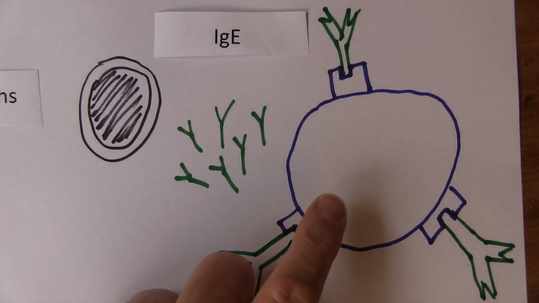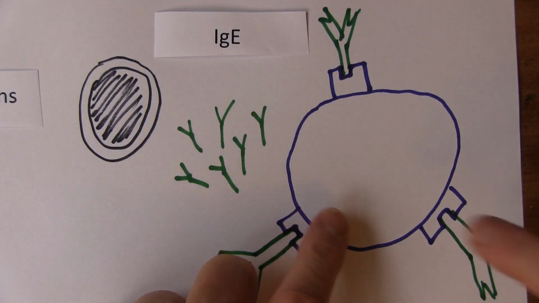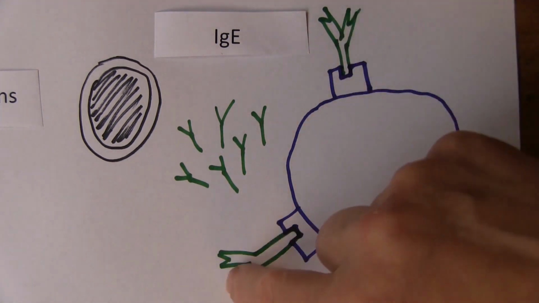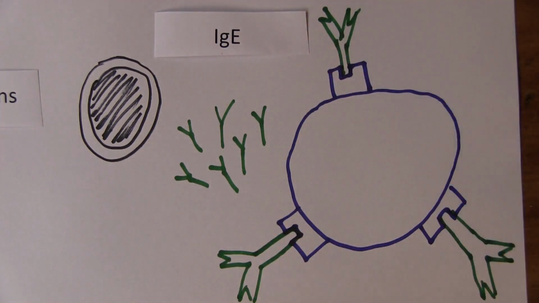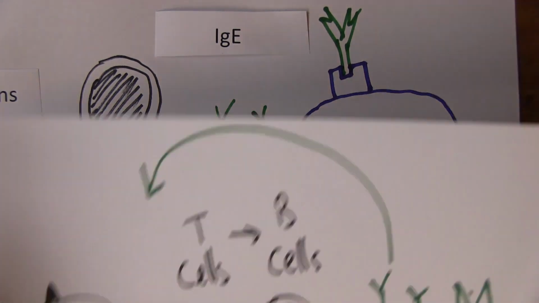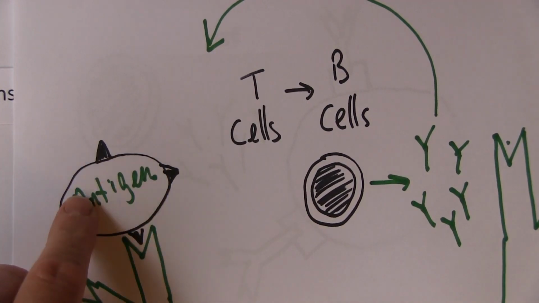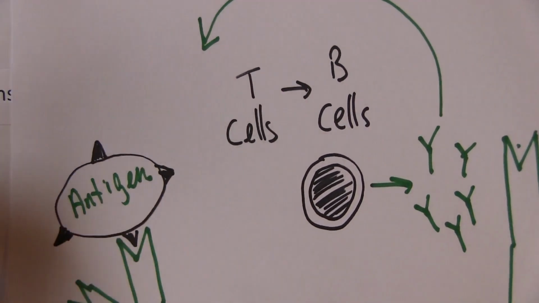And what we can see now is that this mast cell has been sensitized to this particular antibody, to this particular immunoglobulin. And that's fine until we are re-exposed to the antigen. So now this antigen here is peanuts. We're supposed to immunologically tolerate it, but we don't.